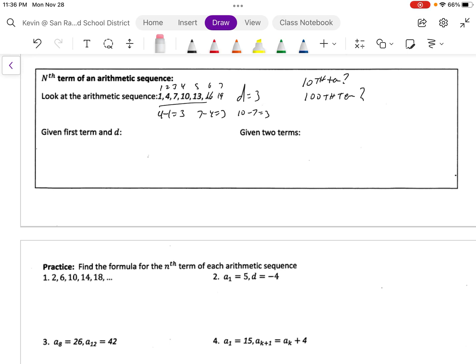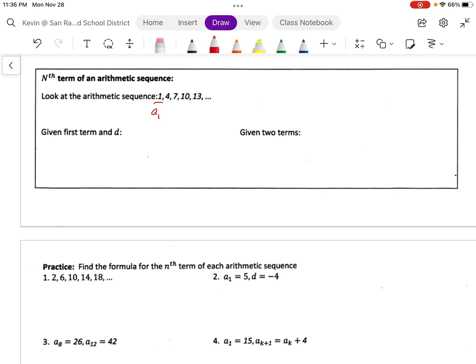So what we want to do is figure out a formula so that we can find any term, no matter what term we're looking for, as long as we have the sequence. So in this case, we have the first term, which we already know, a sub 1 is 1.